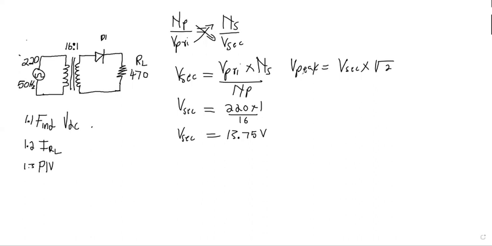V secondary is the same as V max. So what is V peak? Our V peak is 13.75 multiplied by the square root of 2, which equals 19.445.